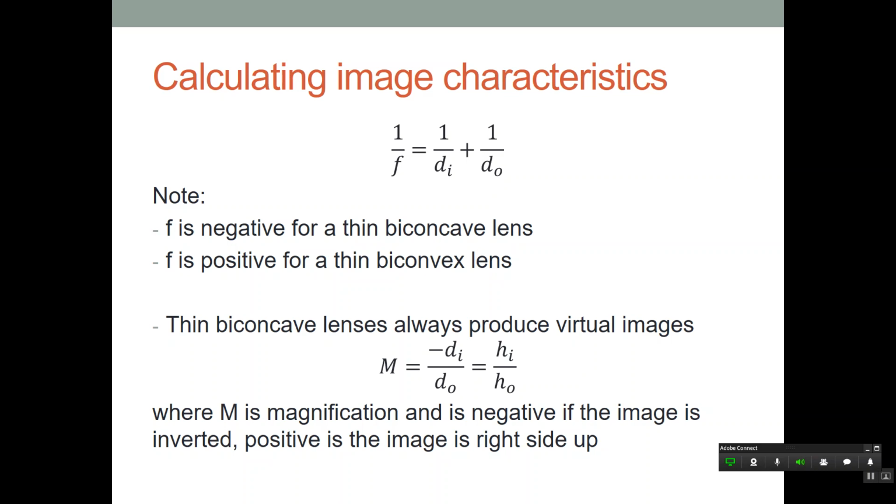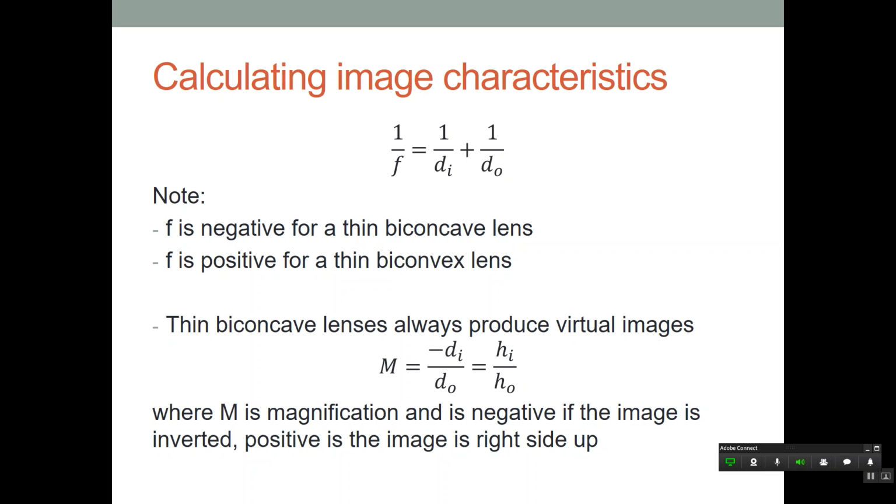However, in a lens, it's the opposite. If you have an object here, where do you expect the image to be if it were real? On the other side or on the same side? Other side. You would expect the image to be real on this side. It makes sense. Light has to go through the lens.